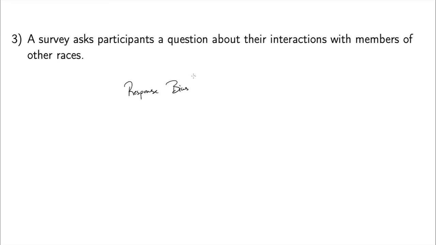Or maybe the people that are actually responding to this are a certain type of person, and some people aren't involved in the sample. They refuse to participate because it's something about race and they don't want to do that. And so maybe there's some non-response bias. Or maybe there's a white person asking a black person, and the black person has a perceived lack of anonymity because a white person's asking them, and they don't want to be honest about it, or vice versa.